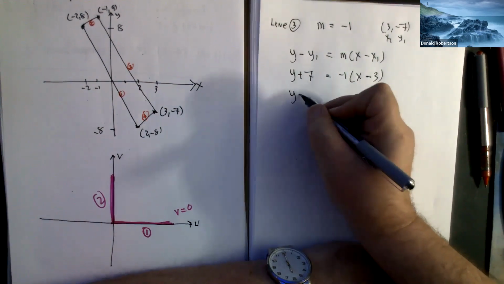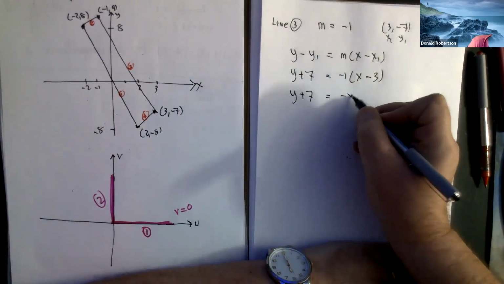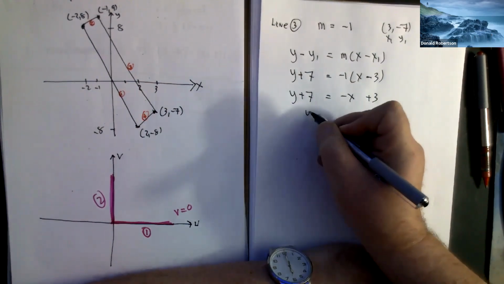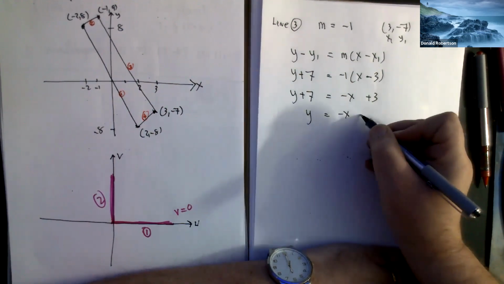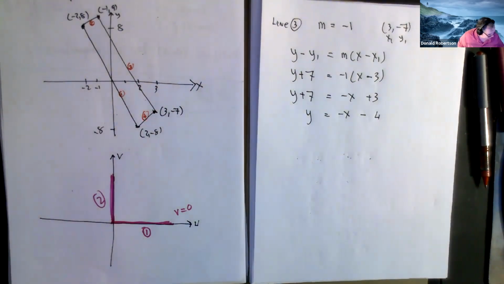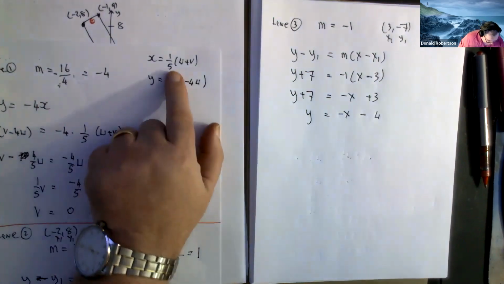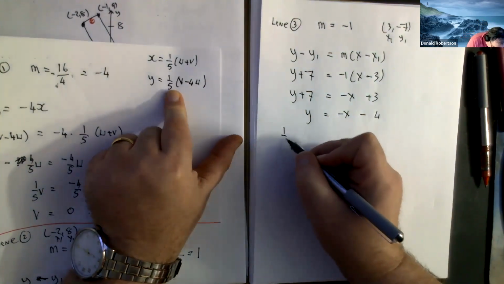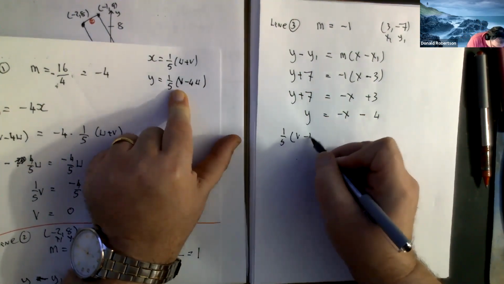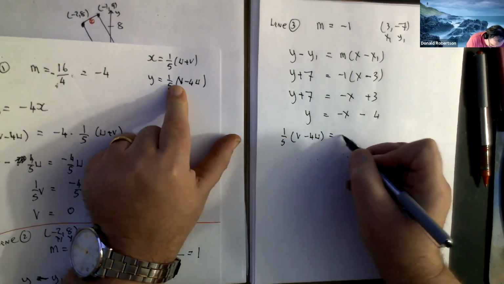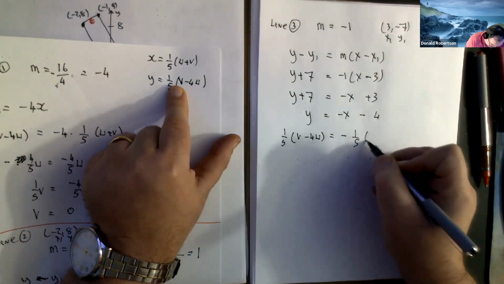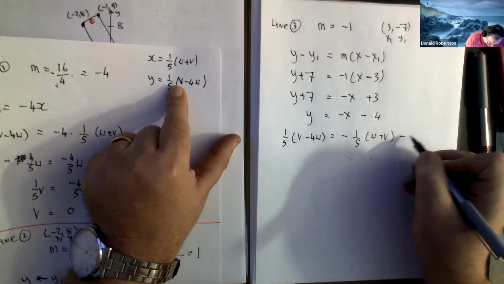So it's going to be y add 7 is -1 times x take away 3. y is -x take away 4. And the y is going to be replaced by this fella, and the x is going to be replaced by that guy.